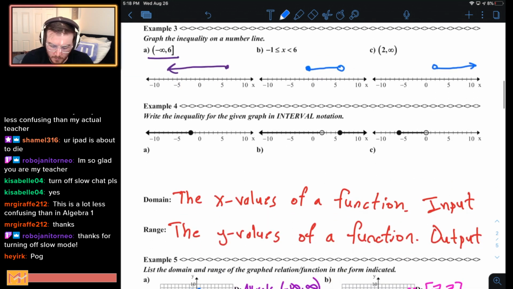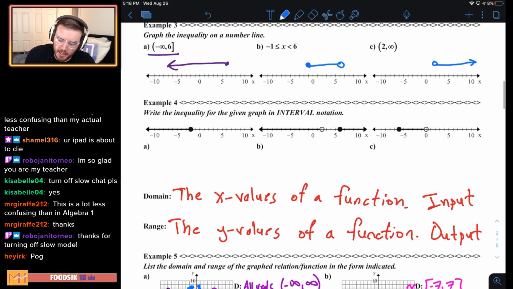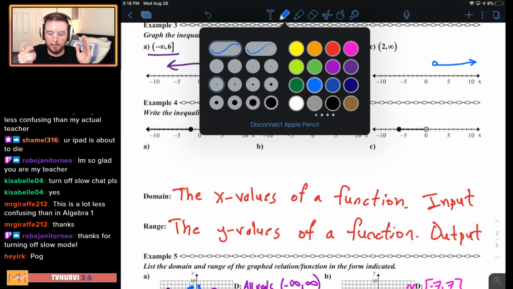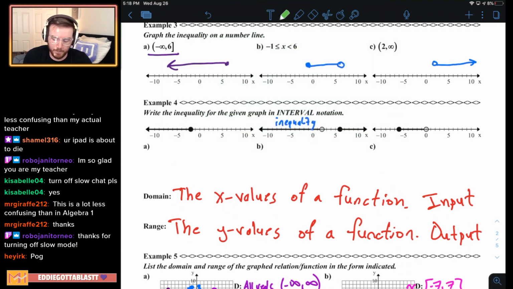Write the inequality for the given graph in interval notation. Can we go the other way around? So let's write it in both interval and inequality, because why not? Interval meaning the parentheses and brackets, inequality meaning the less than and greater than.